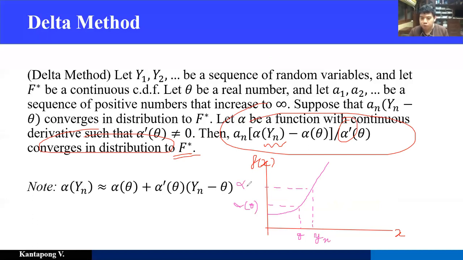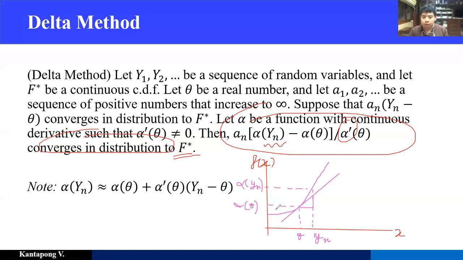Actually, if you could find g of Yn, it is fine, but you could do some approximation. The approximation is drawing the linear approximation here from g of theta.